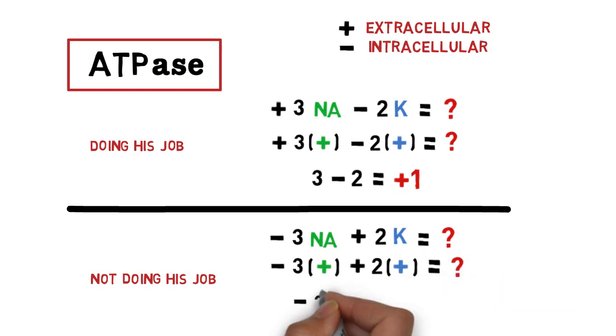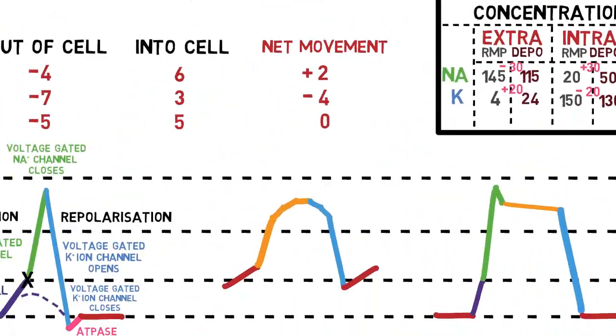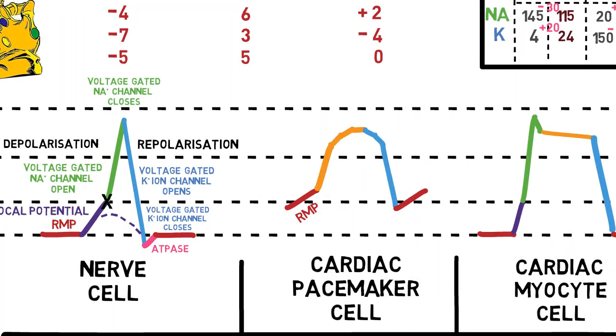So we will have one extra positive ion intracellular each time he doesn't do his work. So simply, what will happen is our membrane will become less negative over time. That is why cardiac pacemaker cell RMPs are unstable compared to other cells. You can imagine that other cells' ATPases are strong and buff, unlike our ATPase in the cardiac pacemaker cell.